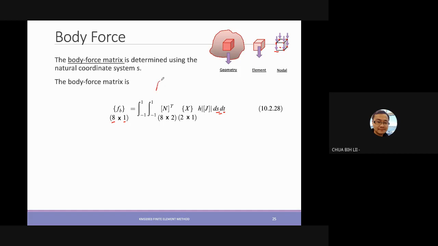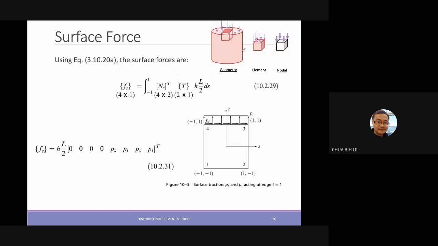You would need the density, if we are talking about the mass of the object itself. Then for the surface forces, same thing. Because the surface only involves 4 nodes on the particular selected surface, therefore it's 4 by 1. You just plug in all those relevant matrices, you should get the force acting on those 4 nodes itself.